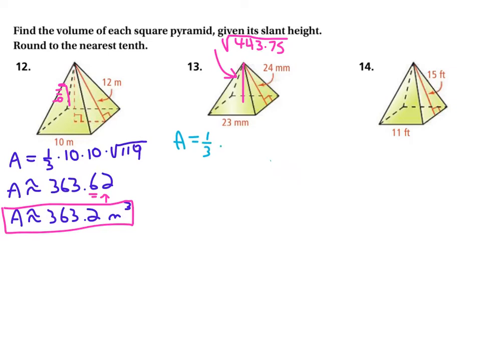The volume equals 1/3 of base, I'm sorry, not base, but length times width times the height, and when I type that in the calculator, I get, let's see, area is approximately equal to 3,714.52, approximately, and we're rounding to here.